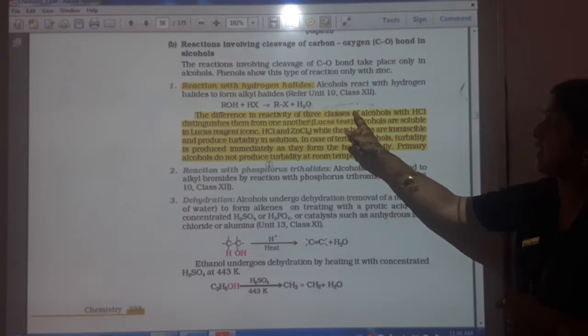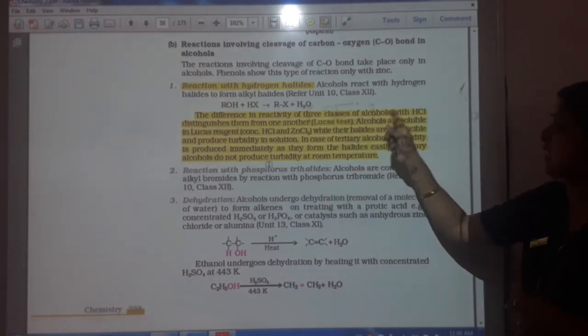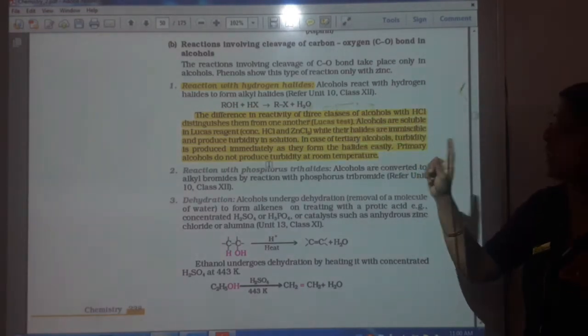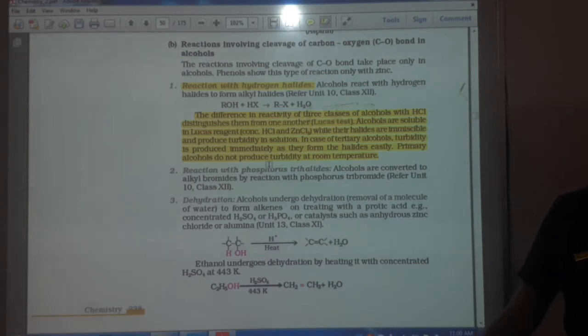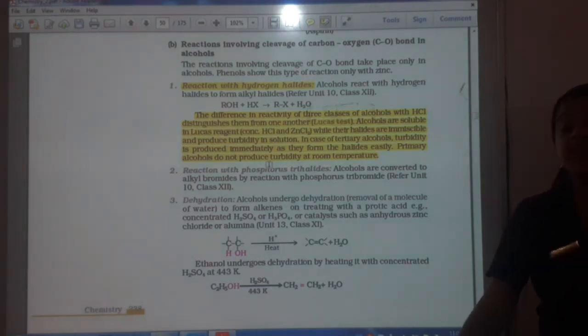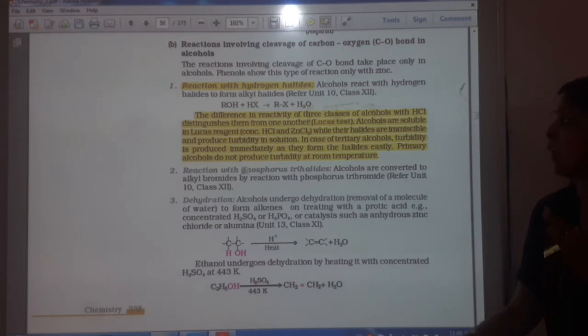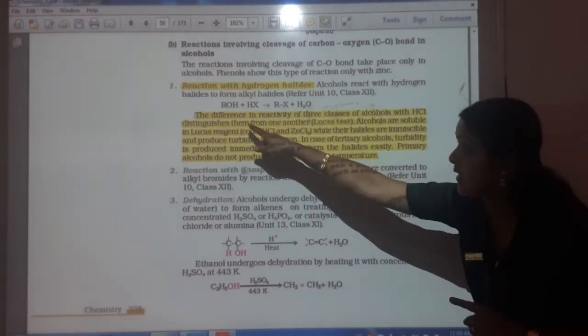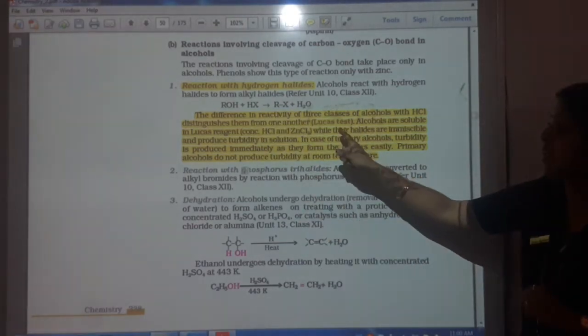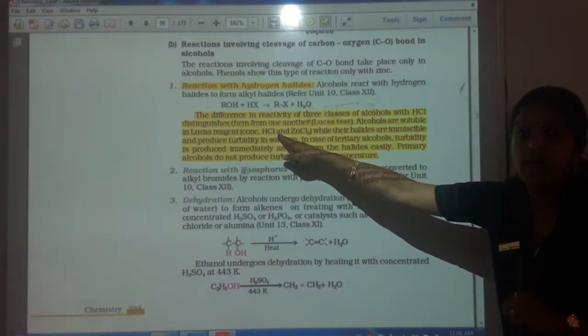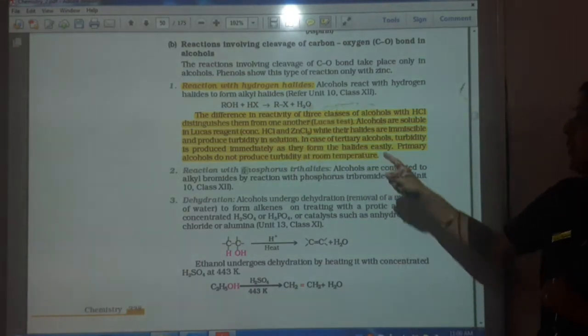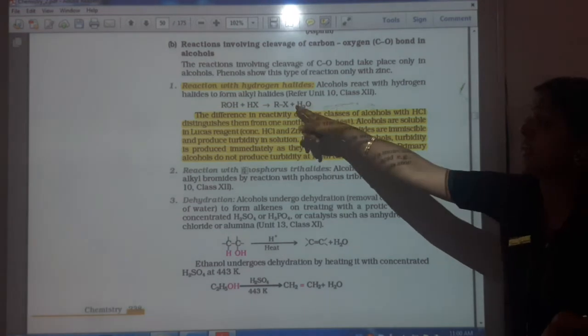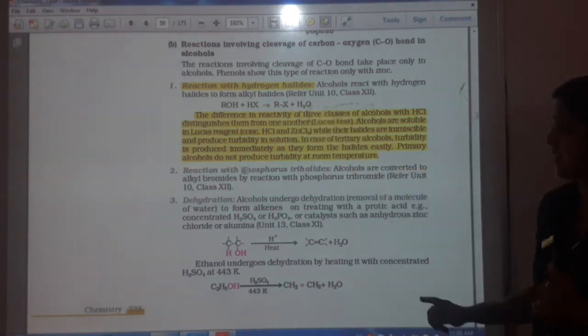The difference in reactivity between the three alcohols, that is primary, secondary and tertiary, very important test to determine the difference in the primary, secondary, tertiary alcohol, which we call the Lucas test. Now what happens here? When an alcohol reacts with HX in the presence of concentrated hydrochloric acid and zinc chloride, you get the corresponding halides formed, alkyl halides.